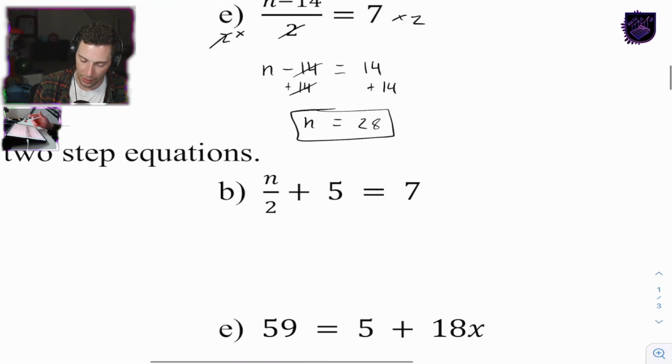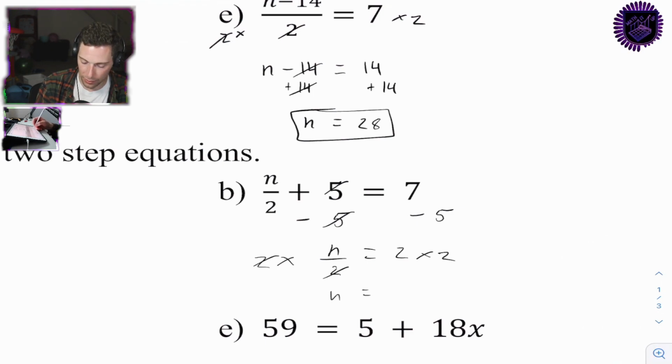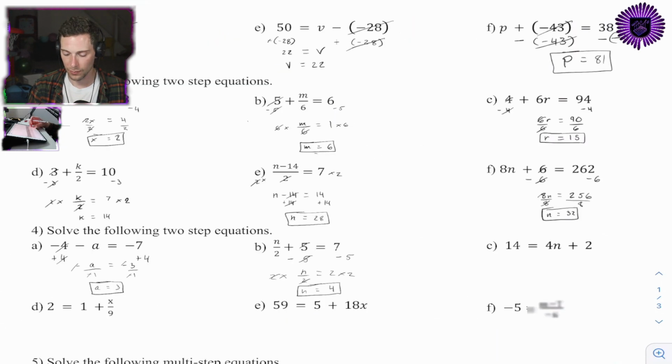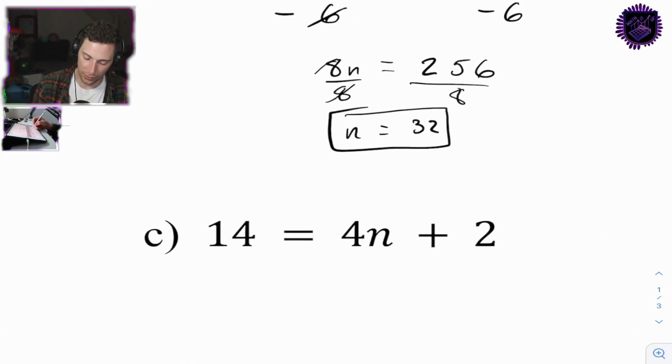Yep. Okay, so once again, similar type of questions. We're going to subtract 5, cancels out, leaving us with n over 2 is equal to 2. Times 2, times 2. Get rid of that. n is equal to 4. So good so far. Ooh, other side of the equation here. So same thing.